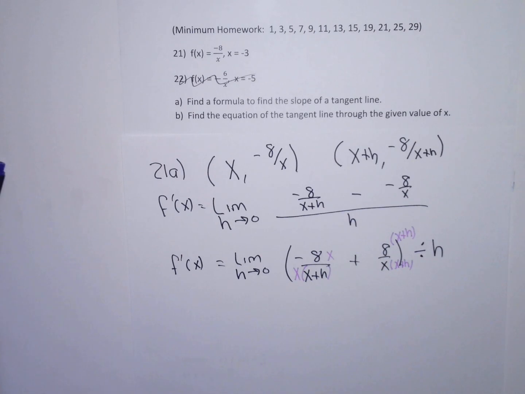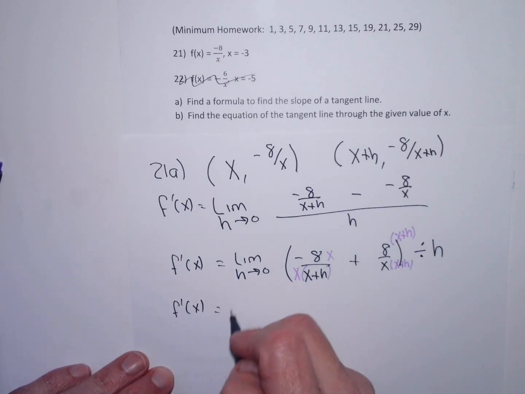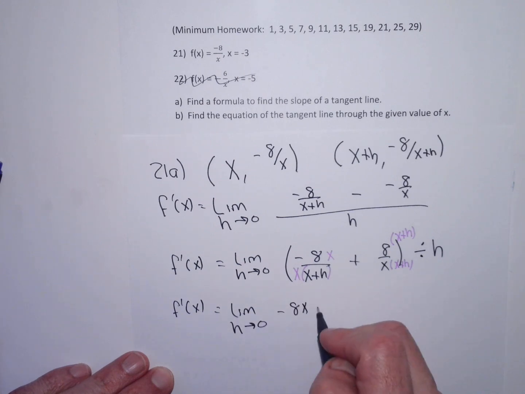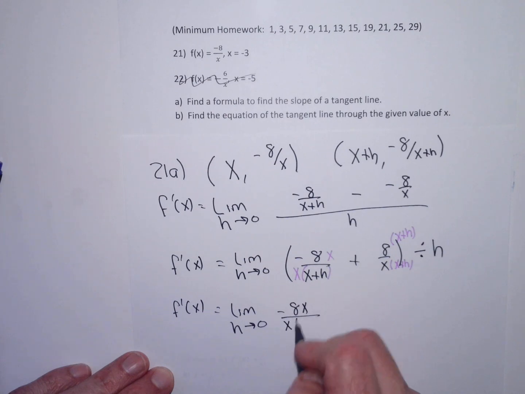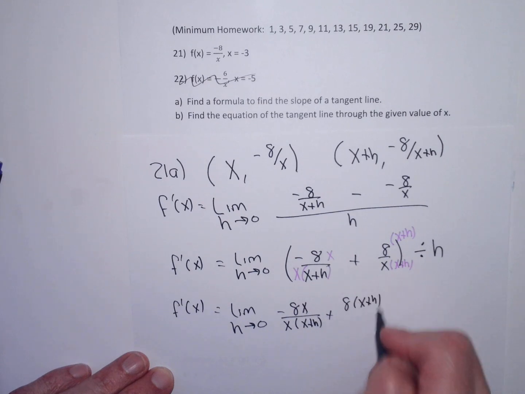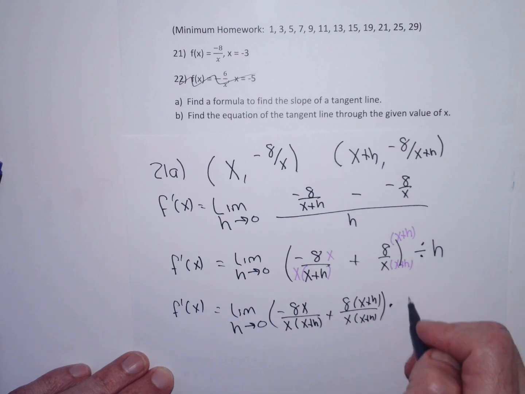So this is going to give me the derivative is the limit as h approaches 0 of negative 8x over x times x plus h, plus 8 times x plus h over x times x plus h, and then times the reciprocal of h, which is 1 over h.